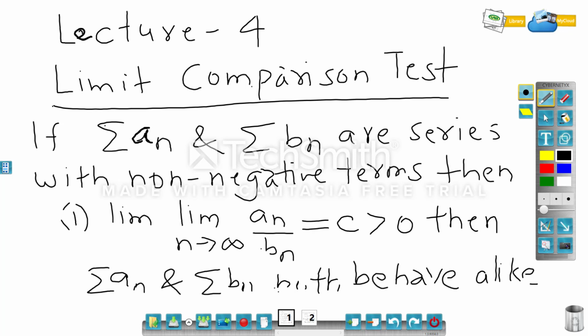In this lecture, we will study the limit comparison test. The statement is as follows.